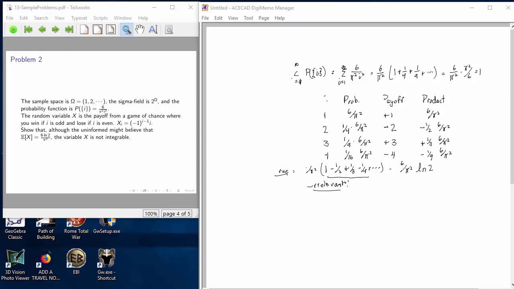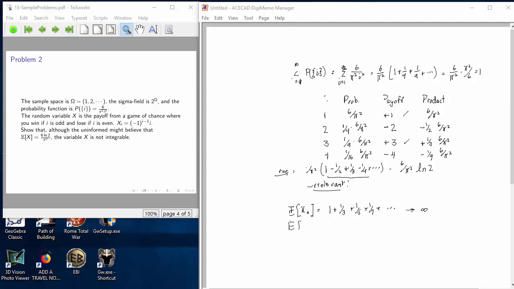The right way to do this is first we calculate the expectation of the random variable X plus, which is X if the payoff is positive, 0 otherwise. And that means we're just going to use the positive terms in the payoff column. We get 1 plus 1/3 plus 1/5 plus 1/7 plus ... That doesn't converge, it diverges to infinity.